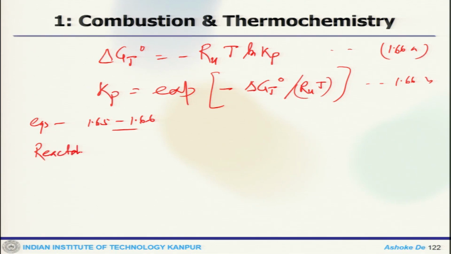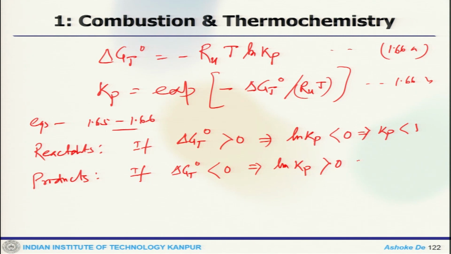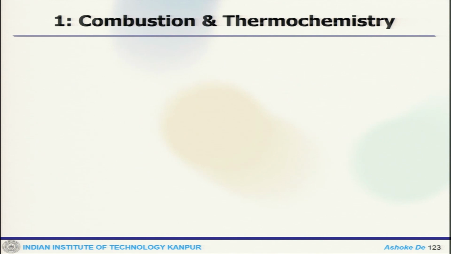If it favors reactants, then delta G naught is greater than 0, which gives ln Kp less than 0, which means Kp is less than 1. If it favors the products, then delta G naught is less than 0, which gives ln Kp greater than 0, so Kp is greater than 1. So that is how you get it.